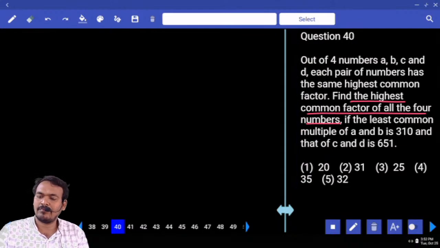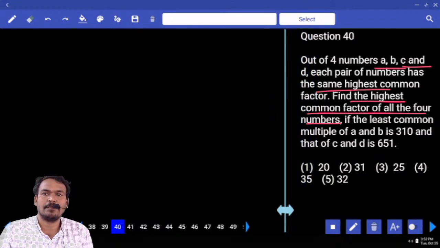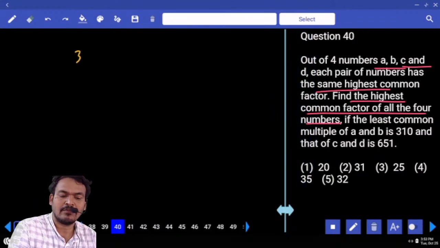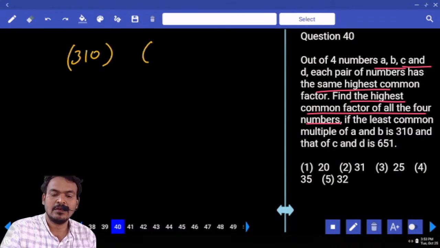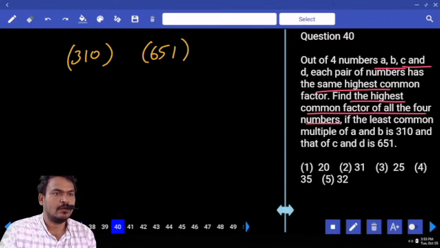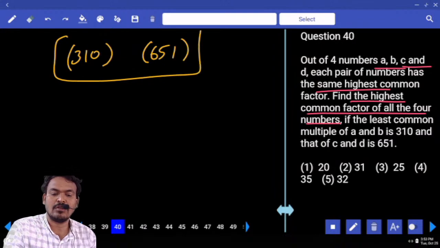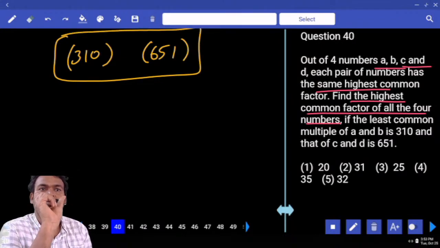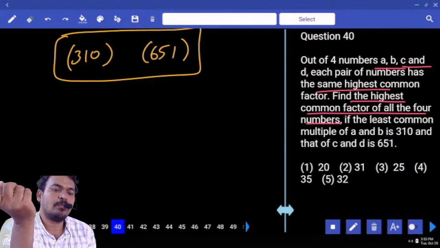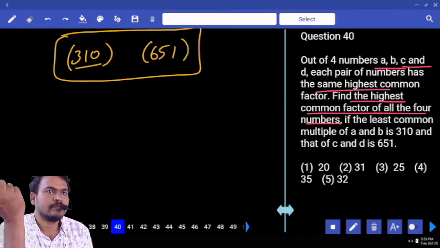And already we know the first 2 numbers' common factor and the last 2 numbers' common factor are the same or different? Same. The first 2 numbers' LCM is given as 310, and the last 2 numbers' LCM is given as 651. But the required common factor of all the 4 numbers is only one number. 310, it is a multiple of 31, or not?